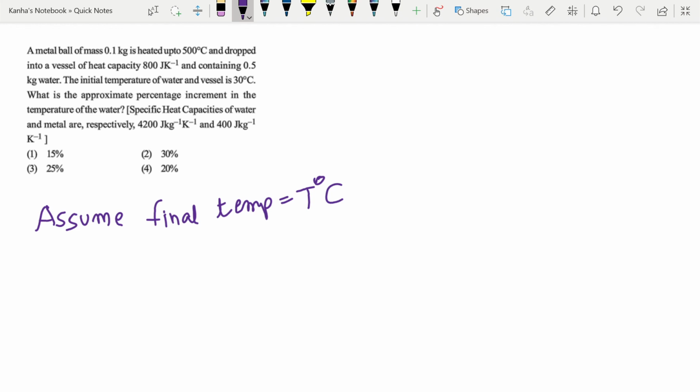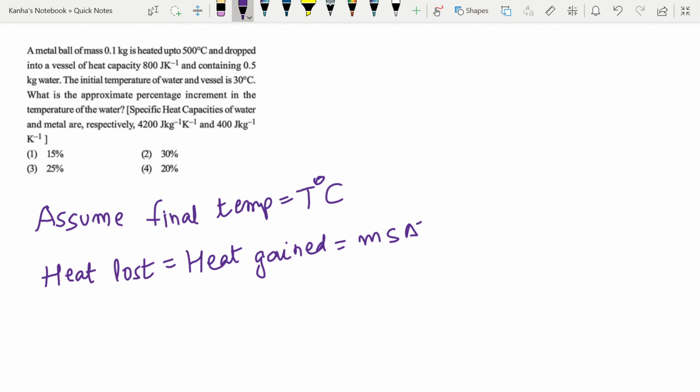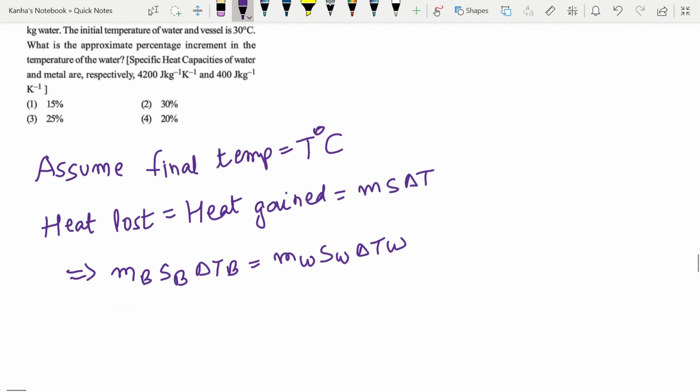So heat lost is equal to the heat gained by principle of calorimetry, nothing but ms delta T. That implies mb sb delta tb is equal to mw sw delta tw.